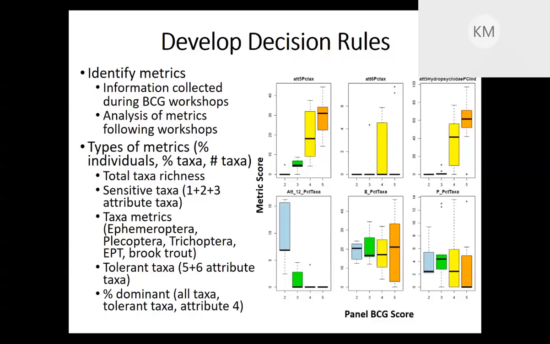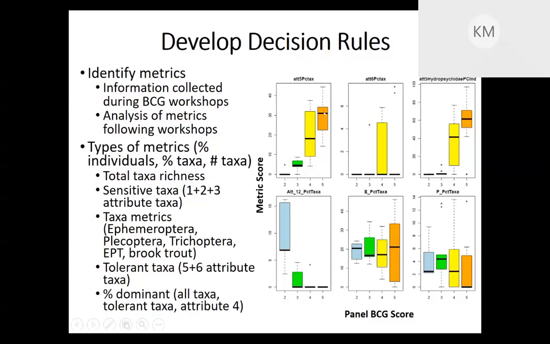So we're looking at what kind of attributes or what kind of features within that sample the panelists are responding to, and so then after those metrics, we can actually look at how these metrics array along that BCG gradient. So the x-axis here shows BCG 2 through 5. This class, there was no 1s or 6s.